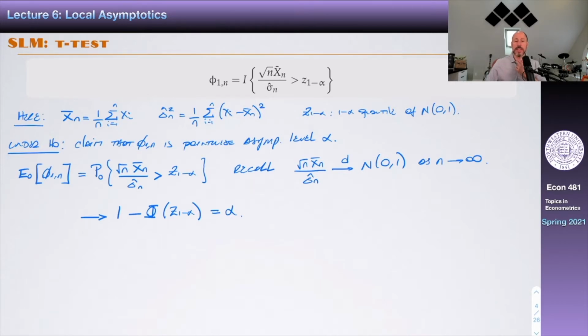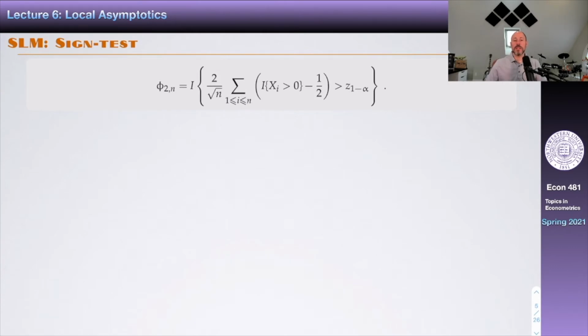So the fact that the t-test is pointwise asymptotically level alpha, which again is something that we argue in 480 in a slightly different context, in this case is just straightforward. The data is IID with finite mean and variance, the CLT applies, and by using this particular critical value, the test satisfies this property.